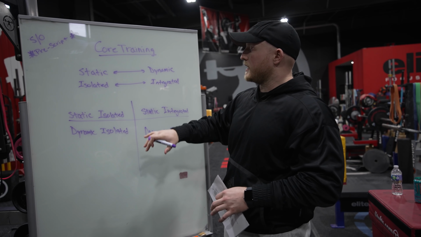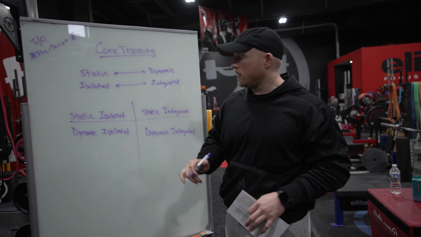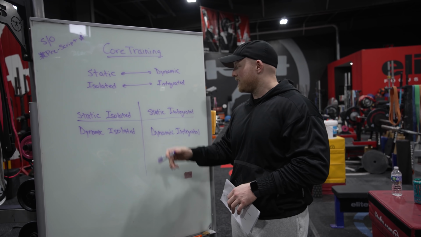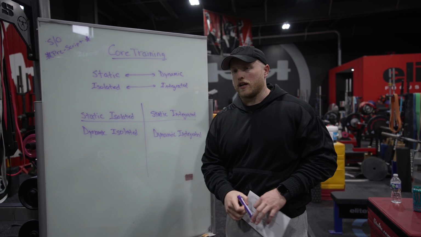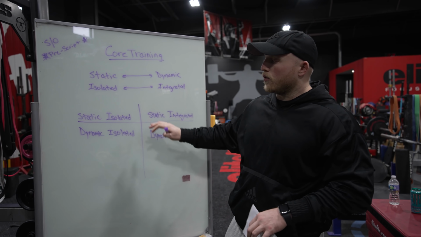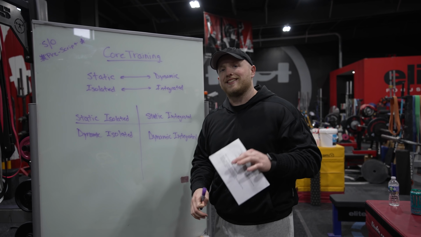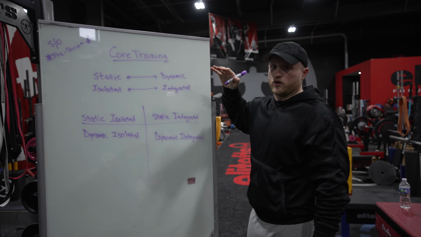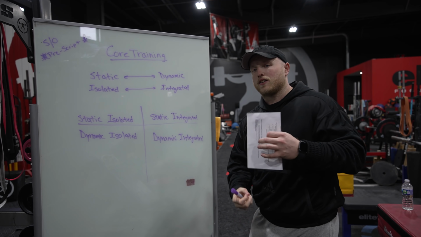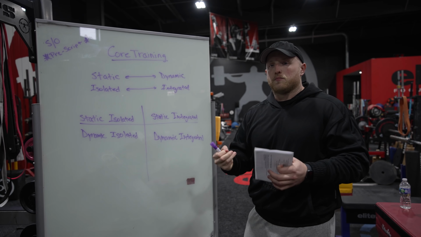So, for example, I have 4 different blocks here. We have static isolated, static integrated, dynamic isolated, and dynamic integrated. I'm going to be going over each and every single one of these with examples, but I just wanted to show you the entire framework of what we're looking at so you can start trying to understand what I mean by these things.